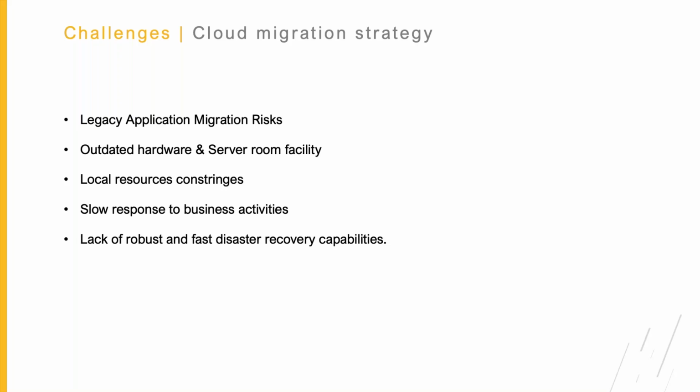It can take weeks or months to provision new services, even if they're just virtual servers, because you have to provision the additional hardware first to meet the requirements. And then you hit the lack of robust, fast disaster recovery capabilities. Disaster recovery solutions can be very expensive if you do it yourself, especially if you have very low recovery point and recovery time objectives.